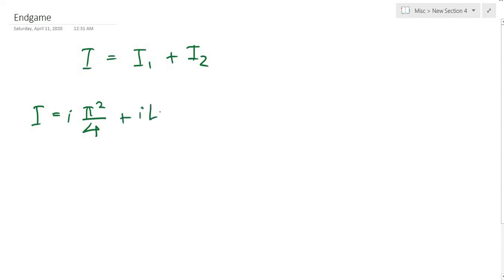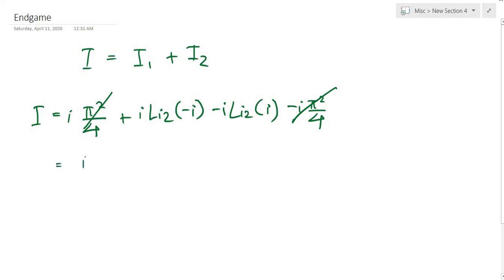Which was i times the dilogarithm of negative i, minus i times the dilogarithm of i, minus i times pi squared over 4. And the best part of today is these two crazy imaginary terms cancel out. We are only left with i times the dilogarithm of negative i, minus i times the dilogarithm of i.